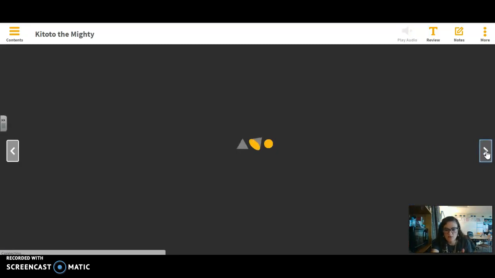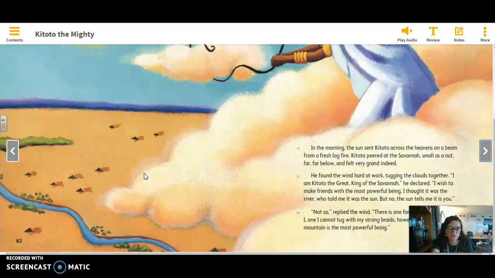And then I want us to go to page 83. In the morning, the sun sent Quitoto across the heavens on a beam from a fresh log fire. Quitoto peered at the savannah, small as a nut, far, far below, and felt very grand indeed. He found the wind hard at work, tugging the clouds together. "I am Quitoto, the great king of the savannah," he declared.